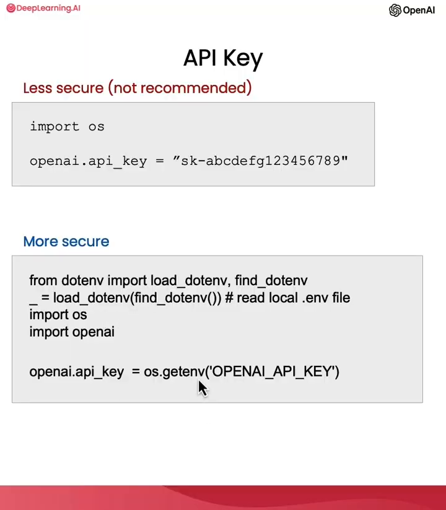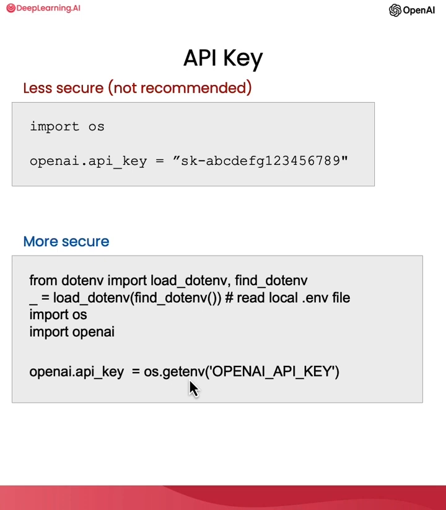So with this code snippet, I have locally stored a file called .env that contains my API key, and this loads it into the operating system's environment variable, and then os.getenv, OPENAI_API_KEY, stores it into this variable. In this whole process, I don't ever have to enter the API key in unencrypted plain text into my Jupyter Notebook.